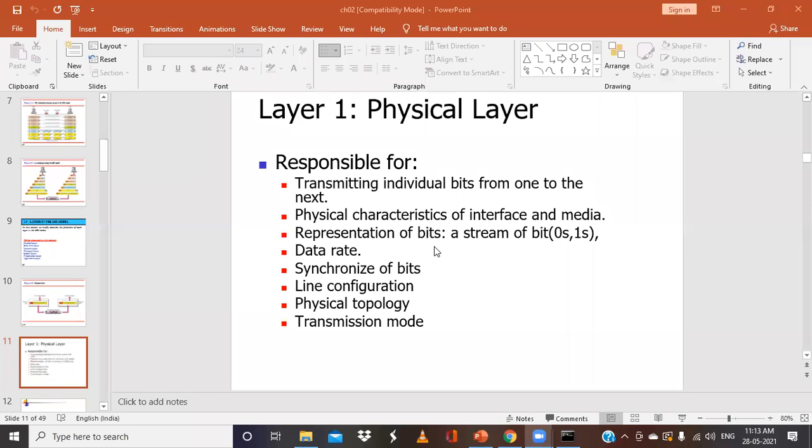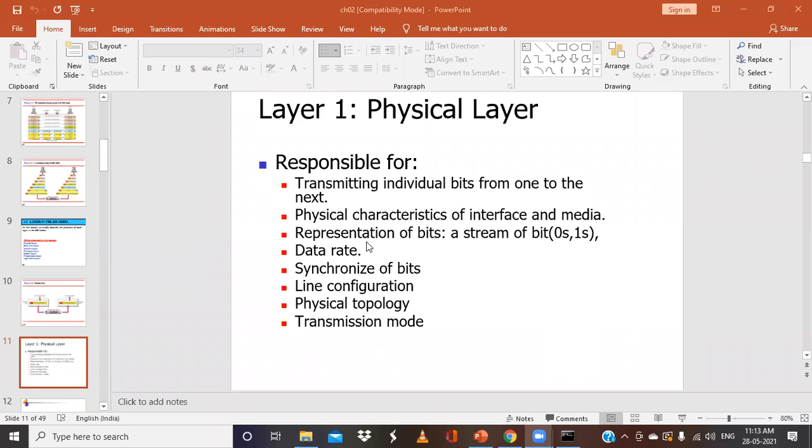For how long this bit is available, for how much time it will exist in the network, that will be identified by the data rate. You just need to remember that data rate is nothing but the transmission rate. It means how many bits of data you are transmitting per second is called the data rate. That is again the function of the physical layer.